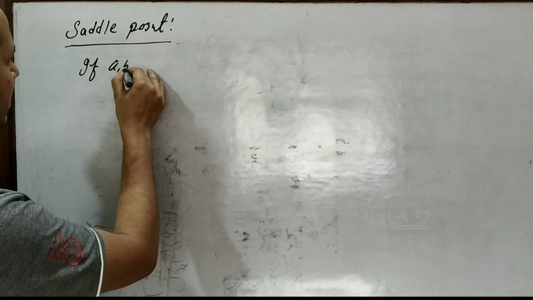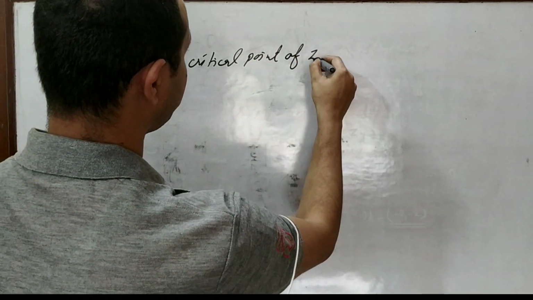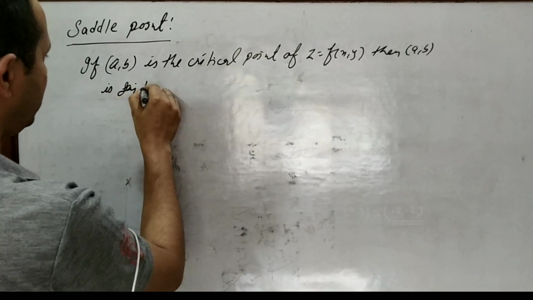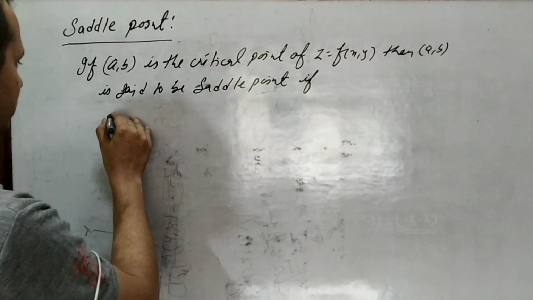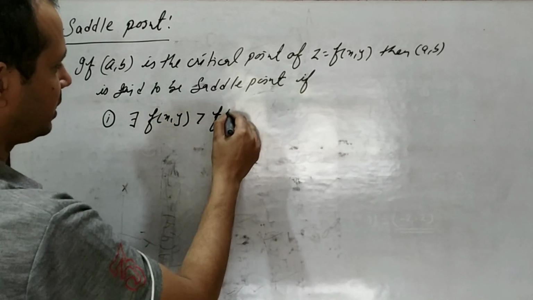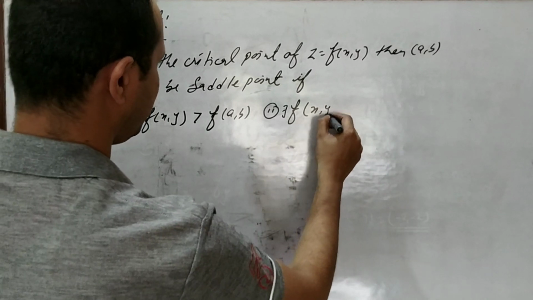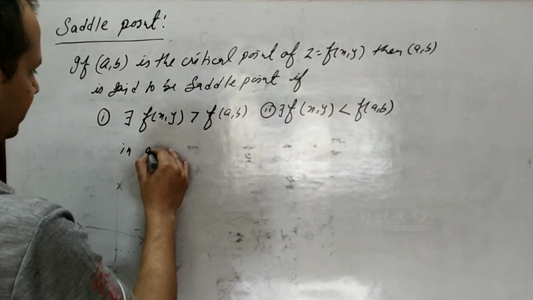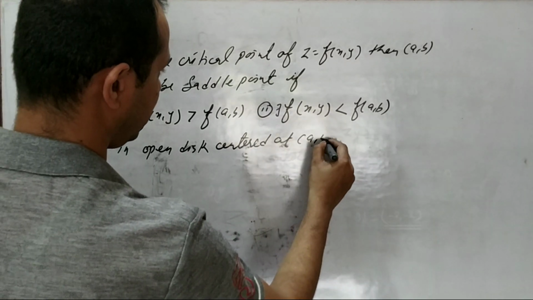If (a, b) is the critical point of z equal to f of x y, then (a, b) is said to be a saddle point if there exist some f of x y which are more than f of (a, b), and there exist some f of x y which are less than f of (a, b) in an open disk centered at (a, b).